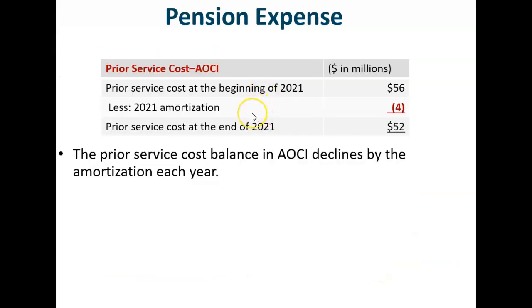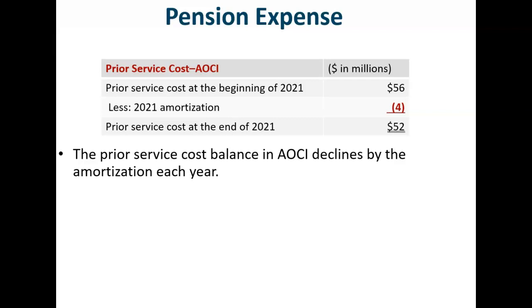By using the straight line method, prior service cost is recognized over the average remaining service life of the active group of employees. Prior service cost, as stated before, is not expensed as incurred. Instead, it is reported through other comprehensive income, closed to AOCI, and amortized over time through pension expense.